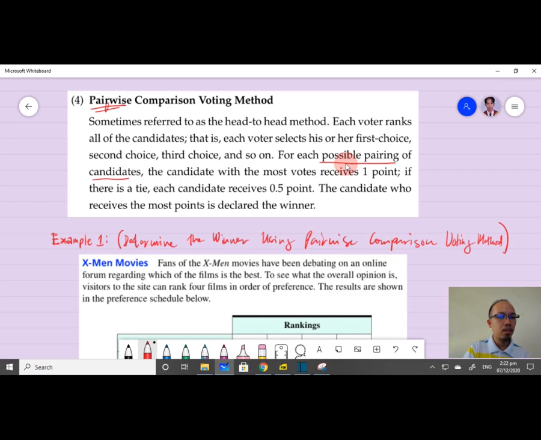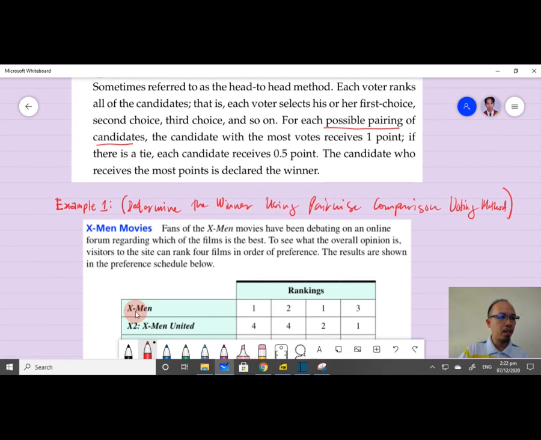So, for example, here you have to pair X-Men and X2: X-Men United. Whoever wins this one receives 1 point. If this is a tie, then each of these candidates will receive 0.5.